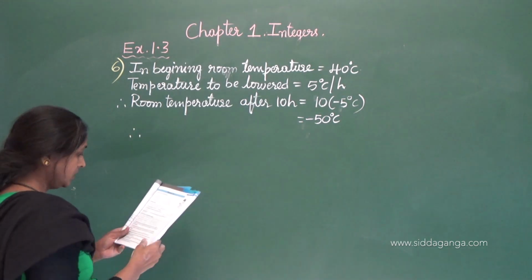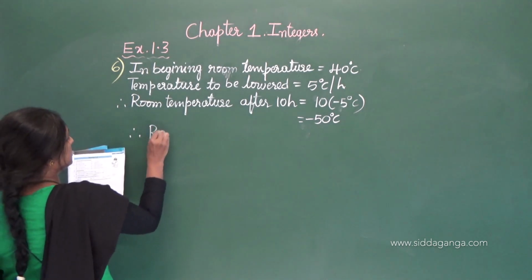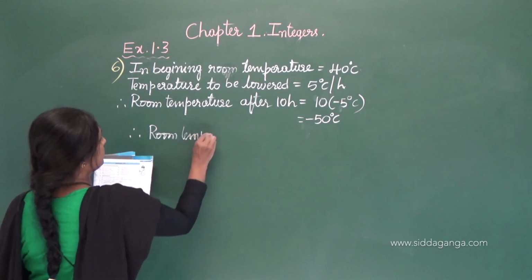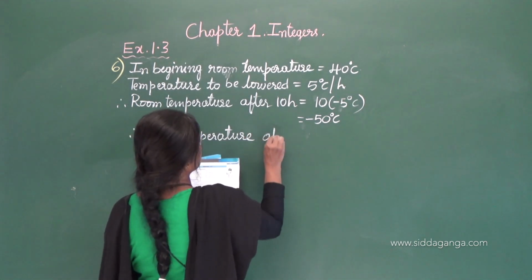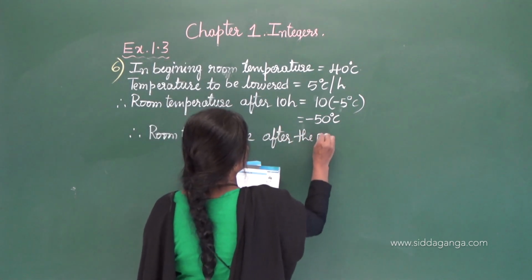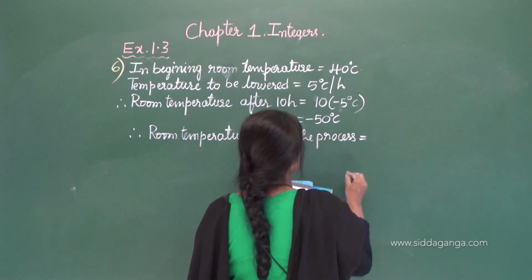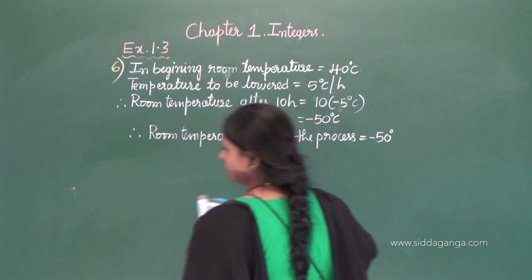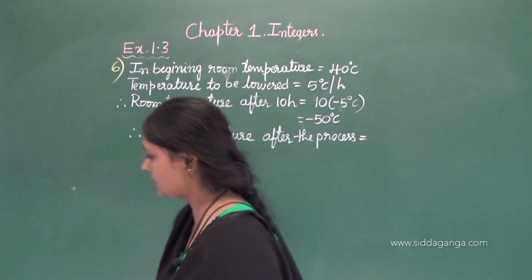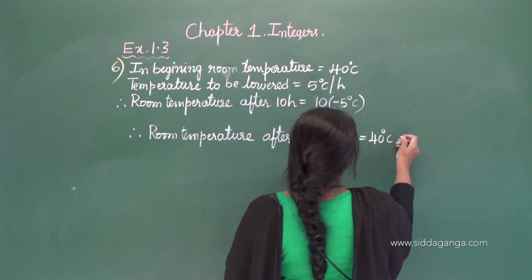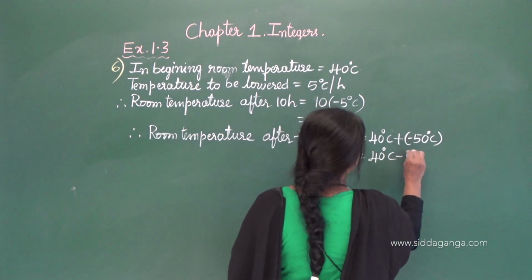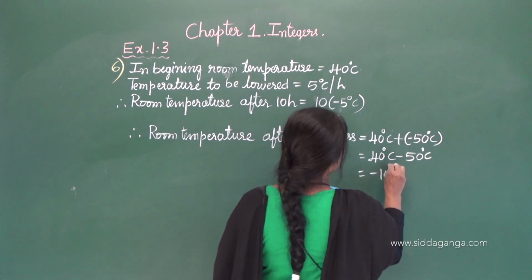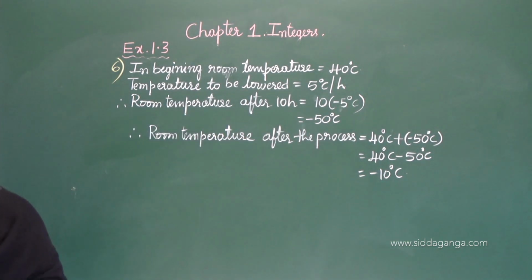Therefore, room temperature after the process is equal to 40 degrees Celsius plus of minus 50 degrees Celsius, that is equal to 40 degrees Celsius minus 50 degrees Celsius, that is equal to minus 10 degrees Celsius. It's finished.